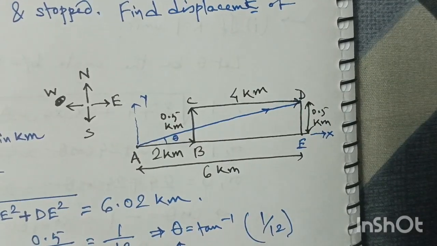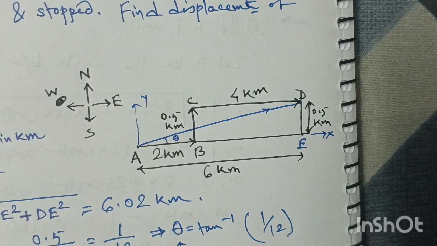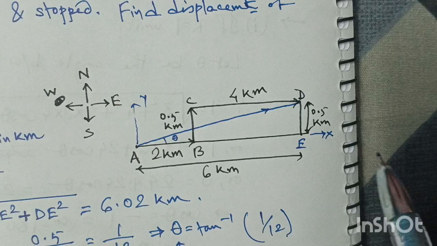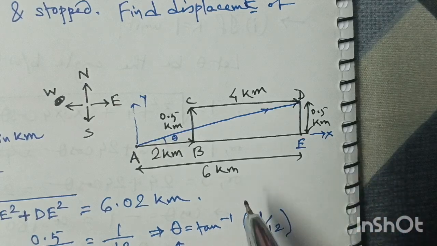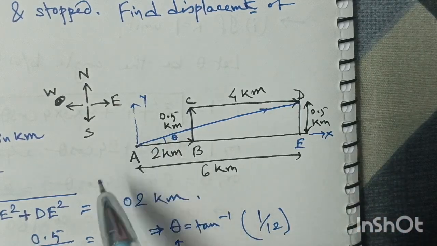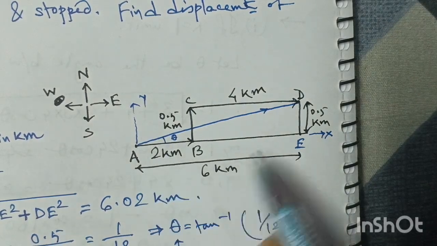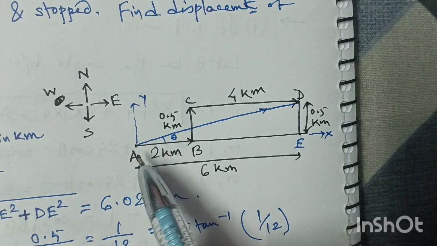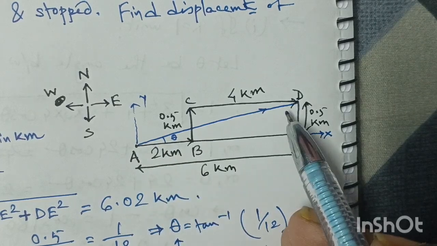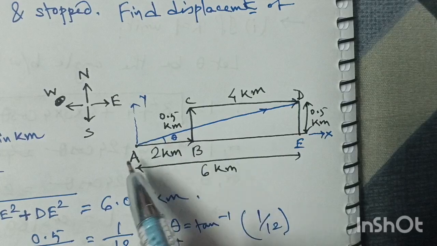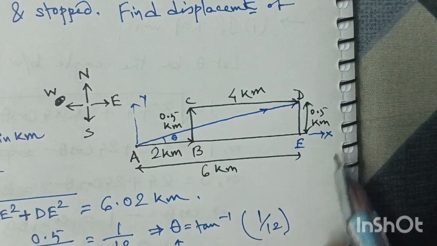You can see that we have taken the positive x-axis along the east direction and the positive y-axis along the north direction. Then from the figure, the displacement vector is AD, and let AD make an angle theta with the positive x-axis.